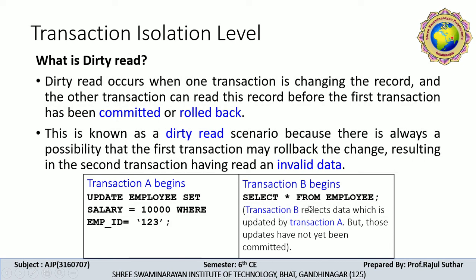Transaction B reflects the data which is updated by transaction A, but those updates have not yet been committed. Here commit is not written, so no useful information will be transferred to transaction B.